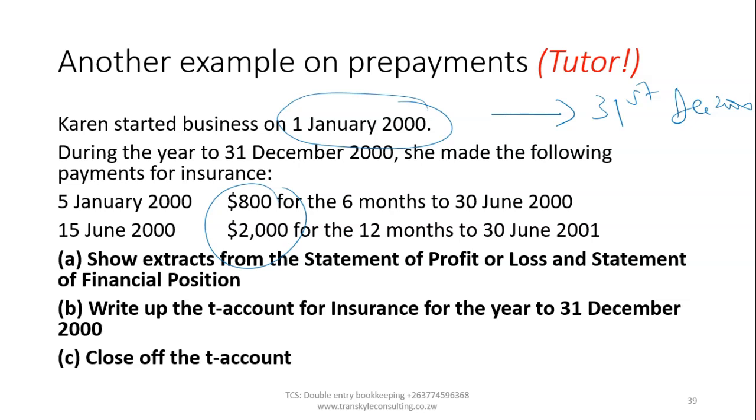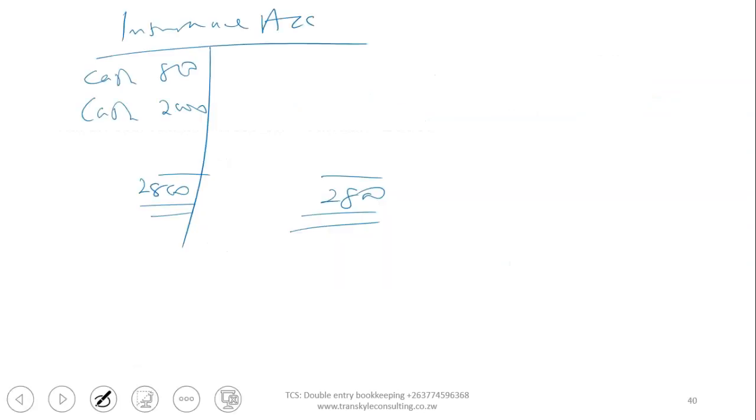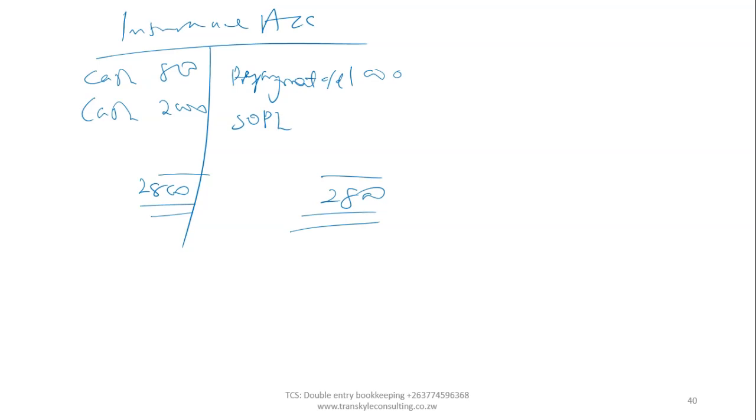So the 2,000 should be split halfway, 50% for this year and then 50% for the other 6 months next year. So that's 1,000 should be for this year. So there was a prepayment of 1,000, prepayment carried down. Then the statement of profit and loss transfer is the difference, which is 1,800.